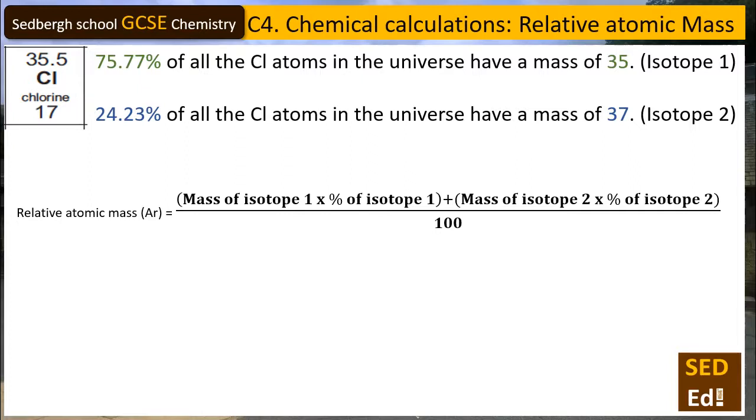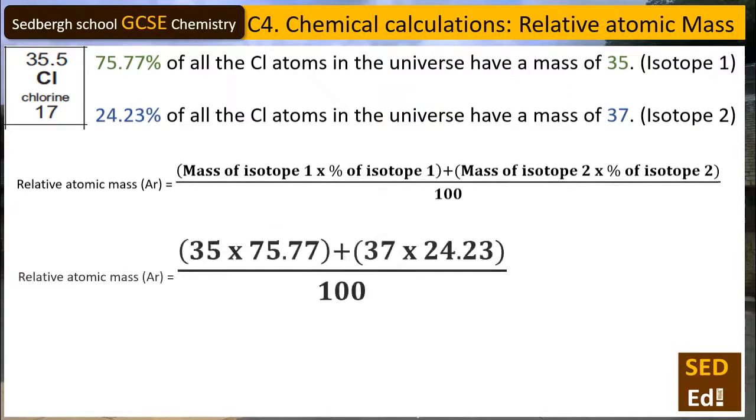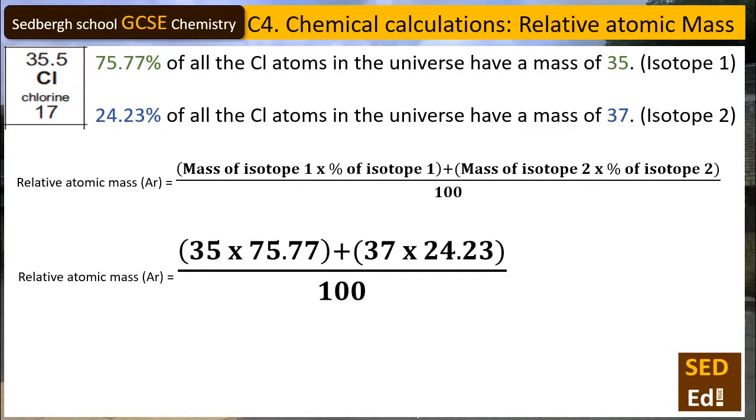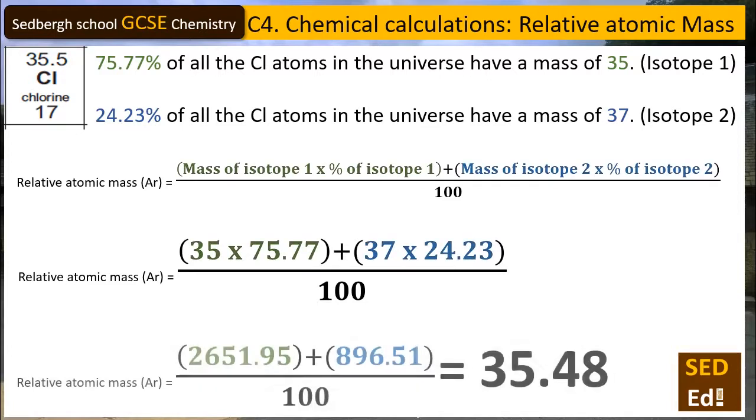Once you get that value, you divide the number by 100 to give you your average relative atomic mass. Here's an example showing our chlorine values to show you what I mean. I put the values into the right places in my equation. I do the calculations inside both brackets, then I add the two values together and I divide by 100. There, the value is very nearly 35.5.